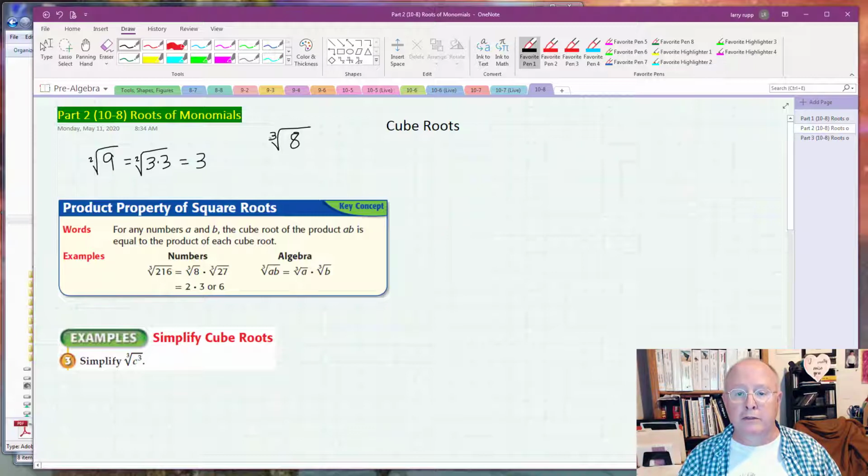A little 3 here with 8. So what's that mean? That means we want to find out what 3 factors multiplied together give you 8. 2 times 2 times 2. 2 times 2 is 4, times 2 is 8. The cube root of 8 is 2.